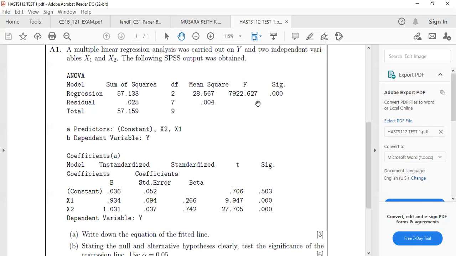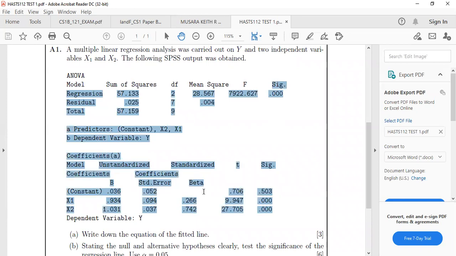Beyond that, when I give an SPSS output, what is used? So what's the rejection criteria if we're using the p-value?